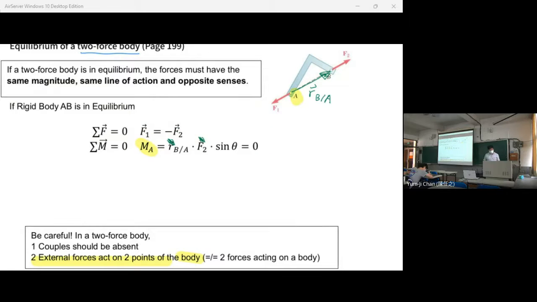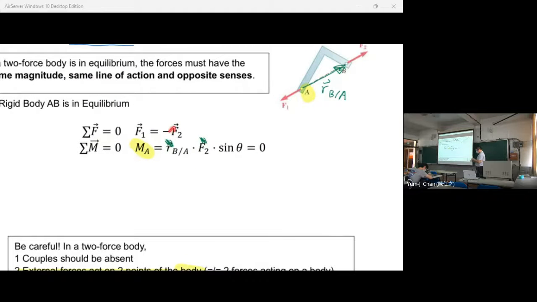So why is it equal to 0? Let's look at it one by one. Is the moment arm R_B with respect to A equal to 0? No, it is not equal to 0. Does F2 equal 0?